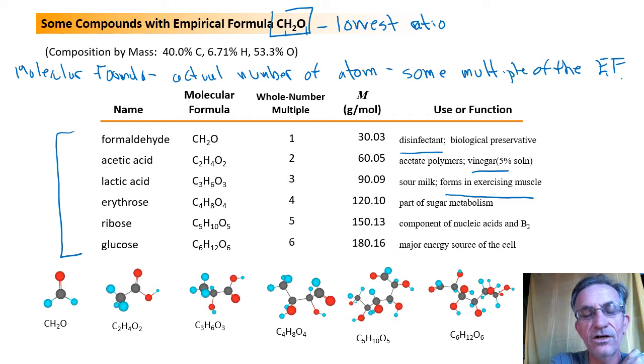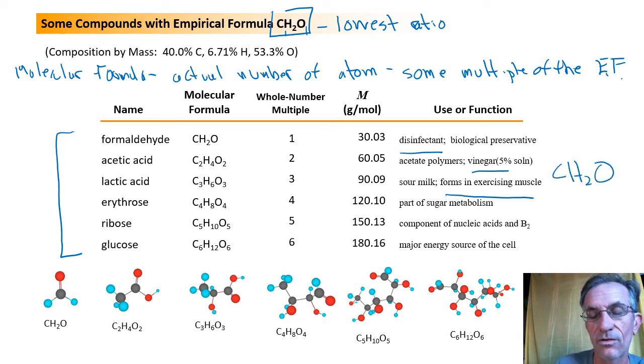If we look at their formulas, you can see that they would all simplify down to CH2O. For example, the actual acetic acid molecule contains 2 carbons, 4 hydrogens, and 2 oxygens. But if we take all those subscripts and divide by 2, you come up with this answer.